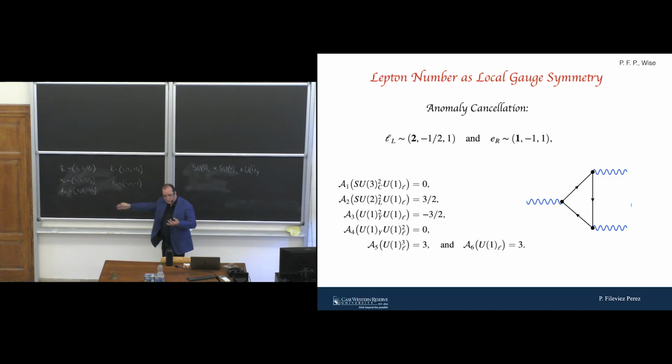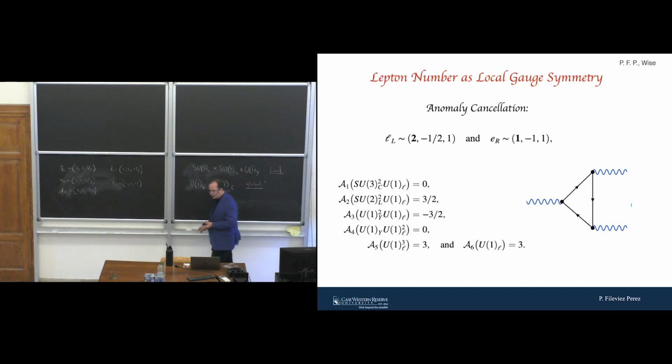You follow the rules, you write your Lagrangian density, and you get these accidental global symmetries. Global symmetries that are accidental, whereas these others are local symmetries, right?